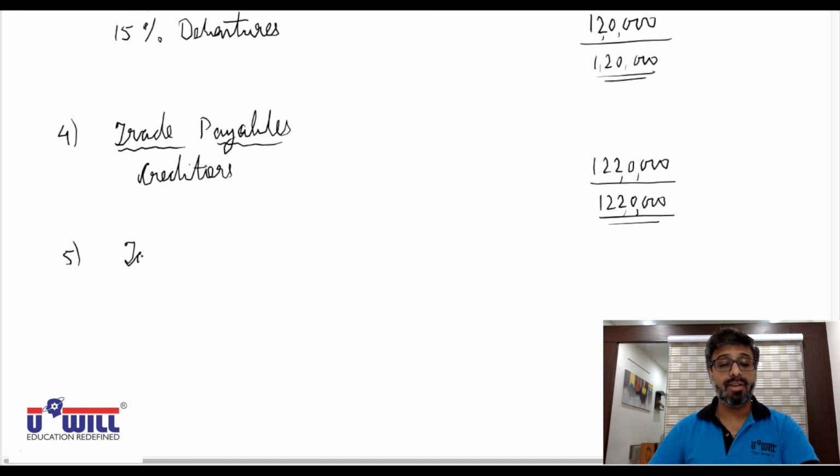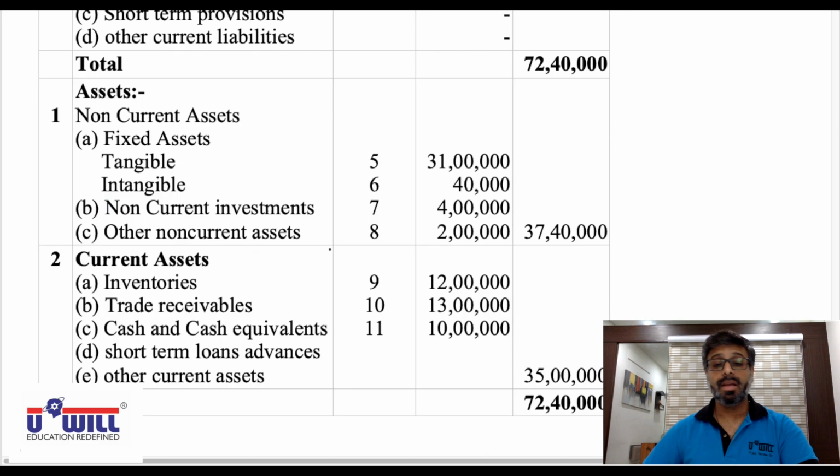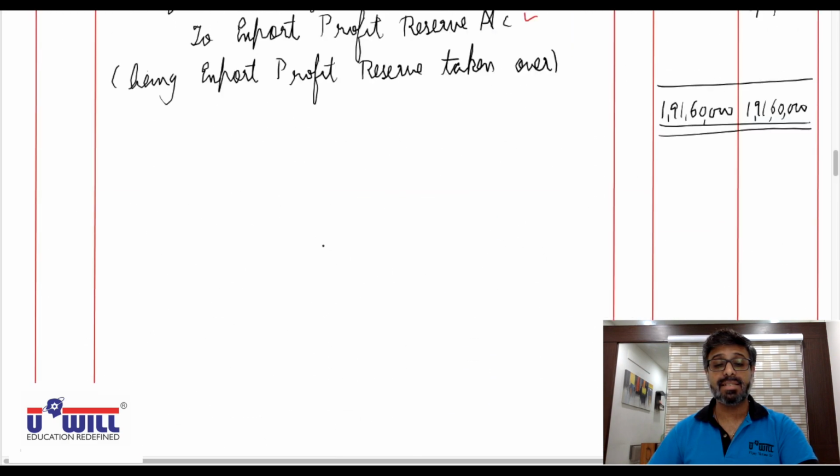So straight away we go to assets. In assets, non-current assets, in that fixed assets, in that tangible fixed assets. So very first we will have tangible fixed assets. Now what all do we have in tangible fixed assets? See entry number 2.